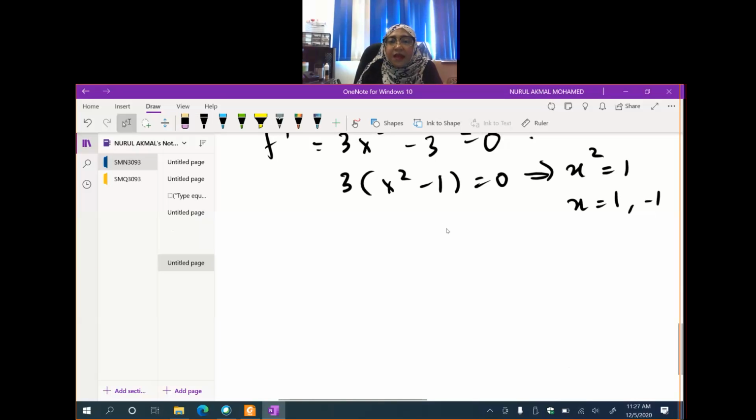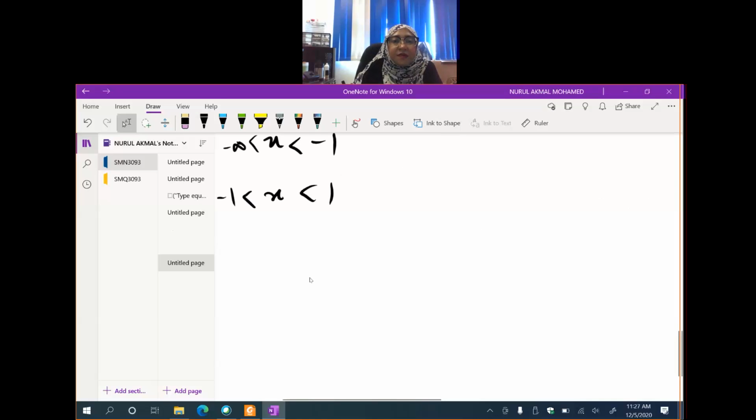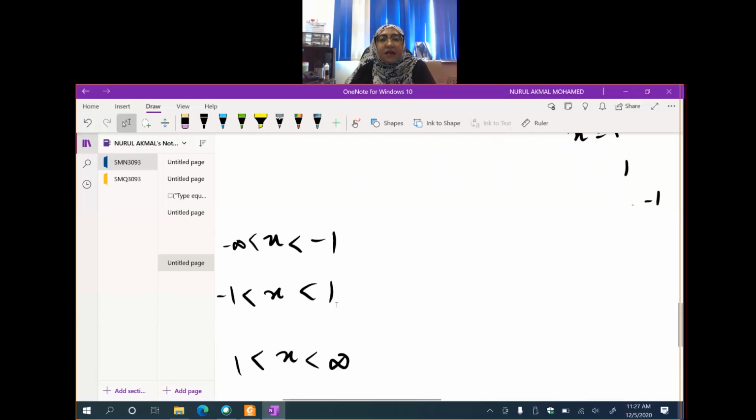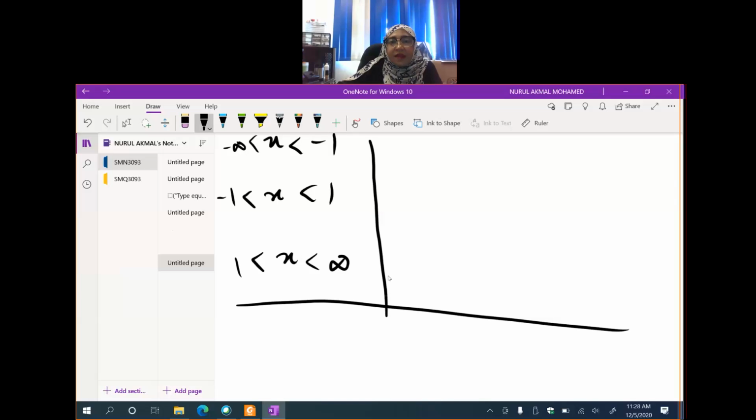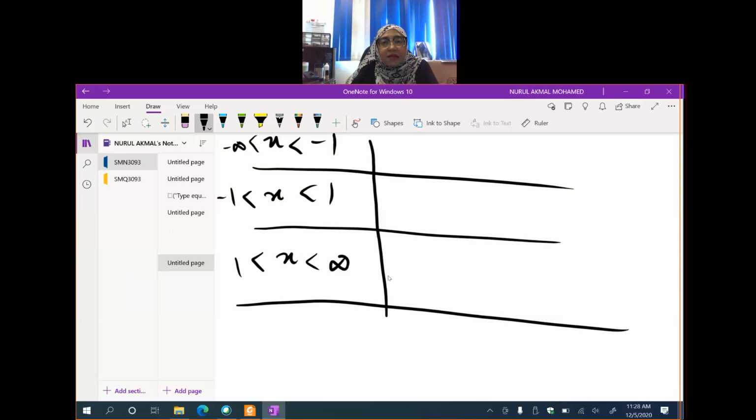And then you make the table form. So x is from -infinity up to -1, x is from -1 up to 1, and then x is from 1 up to infinity. So these are the three intervals that you might want to consider. And then please check the sign.